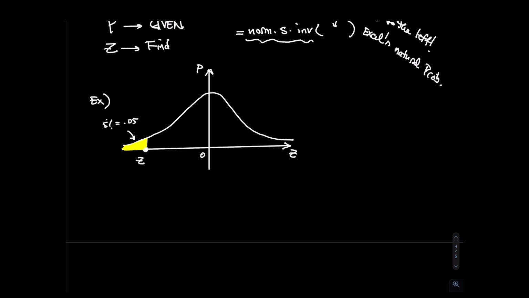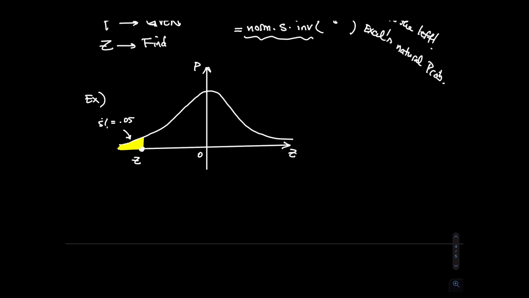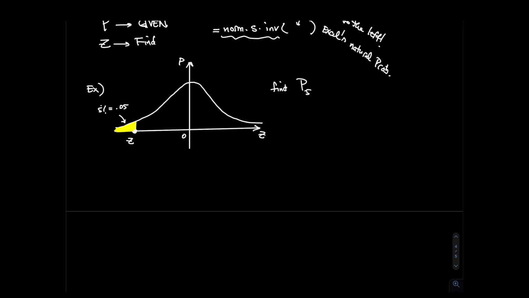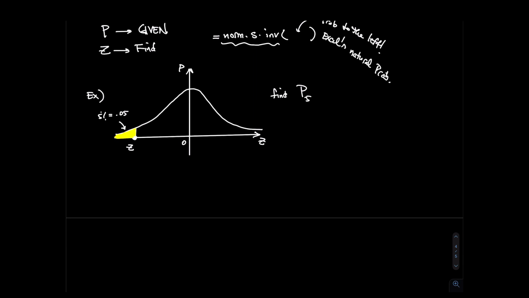Or I could use the percentile language and say, find P what? Right, P5. That means the 5th percentile, the bottom 5%. Or I could basically say, give me the z-score that separates the bottom 5% from the top 95%. Or I could just say, give me the z-score that separates the bottom 5% of the normal distribution.